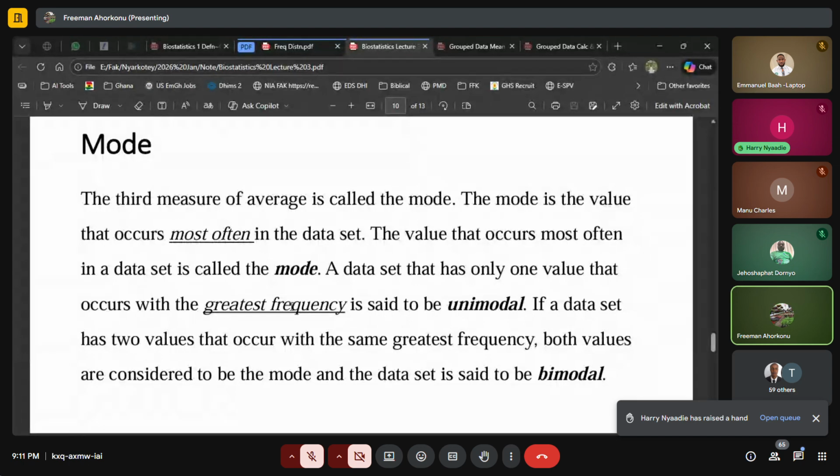Maybe 130 occurs 15 times, and 142 also occurs 15 times. Because 130 occurs 15 times as the highest, and 142 also occurs 15 times as the highest, when you are asked what is the mode for that data set, you are going to quote 130 and 142 as the mode, because the two of them occur highest in the data set.